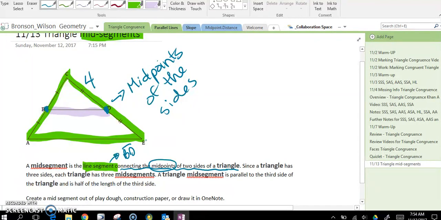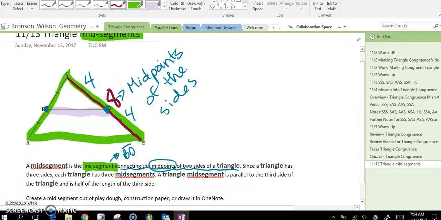Very good. Now, what is the whole side CE? What does that equal? 8. So this whole thing would be 8.